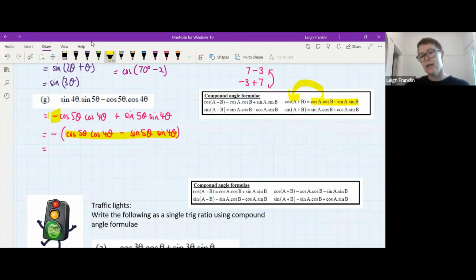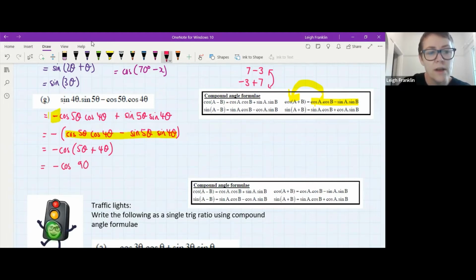I can't do that until what's on the right is identical. The only difference here is that my ratio is going to end up being negative. So this is going to be negative cos (5 theta plus 4 theta), which equals negative cos 9 theta. Does that make sense? Is everybody okay with that?